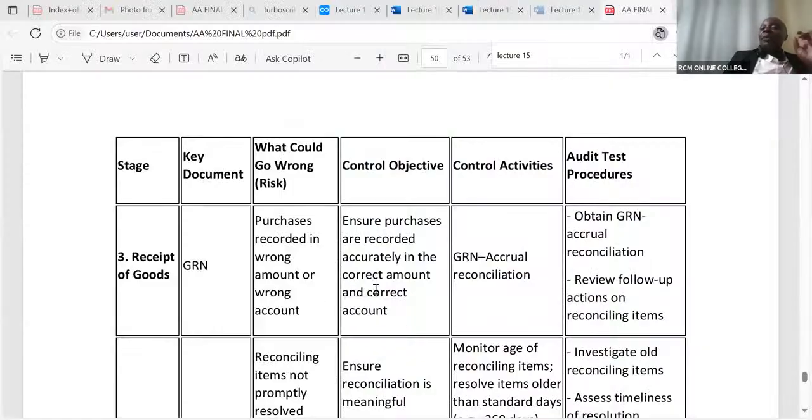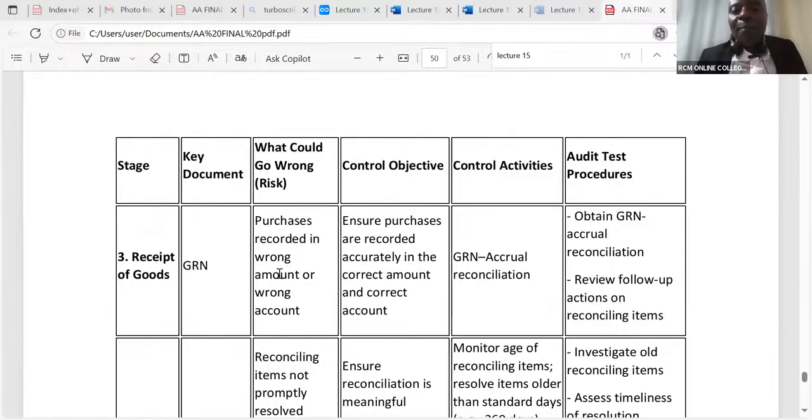Allow me to read some of these things for you to be able to understand. But anything you write, remember, use a table, don't use narrations. Always use this table. If you do an auditing exam without drawing tables like this, you'll always keep on failing. Always. So we have here receipt of goods. The key document is goods received note.